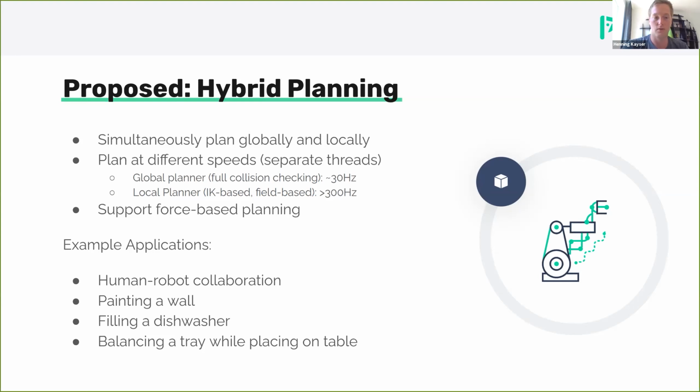Filling a dishwasher, anything that is really complicated requires some kind of a global trajectory, but still some kind of local reaction to the environment. Also balancing a tray while placing a table. Yeah, those are really, really tough problems that were not really possible with MoveIt 1 and offline planning.